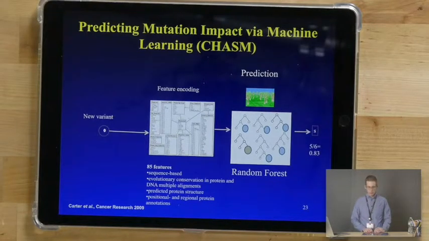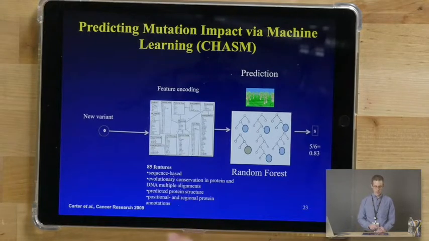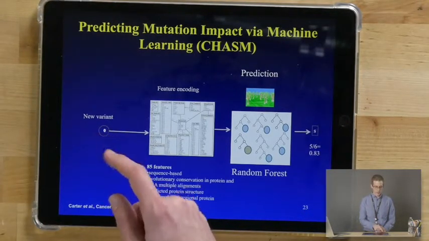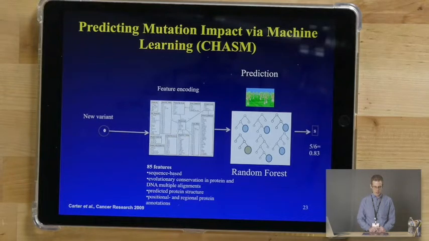If you have a new mutation, you can still calculate all of these 85 different features, but you just don't know whether it's a cancer promoting or neutral mutation. Then the machine learning model, from its learned training, will produce a numerical score reflecting the likelihood of being a cancer promoting mutation.